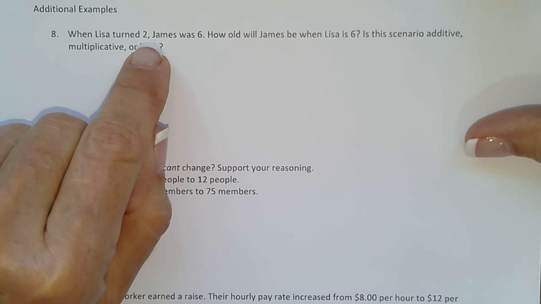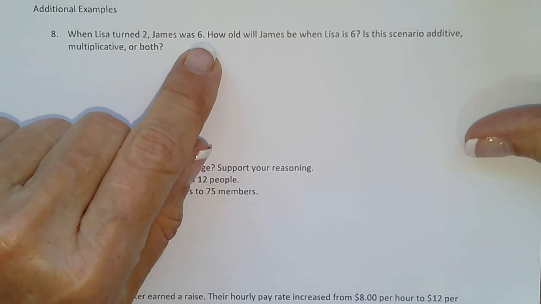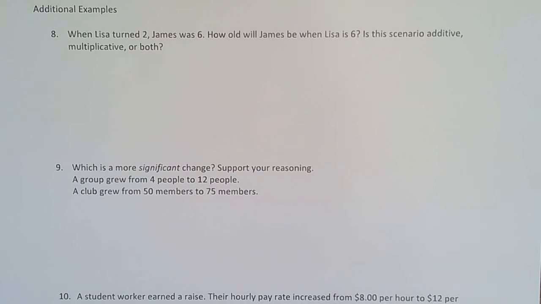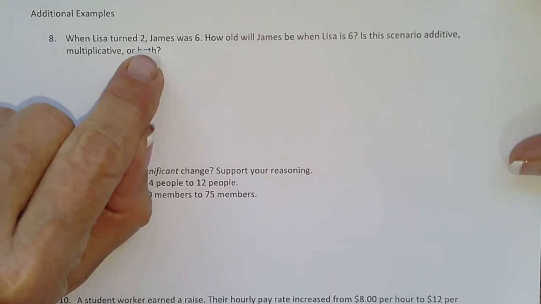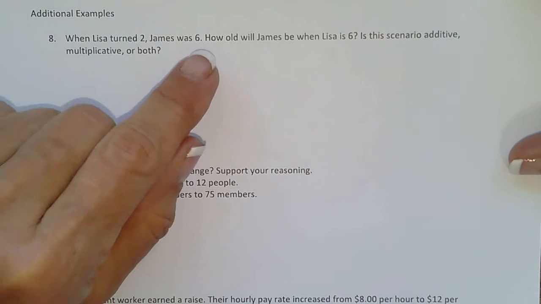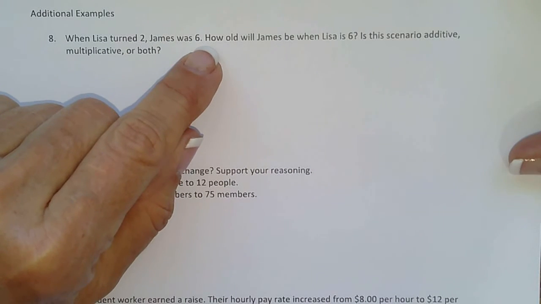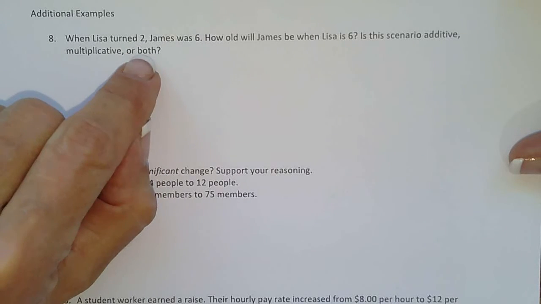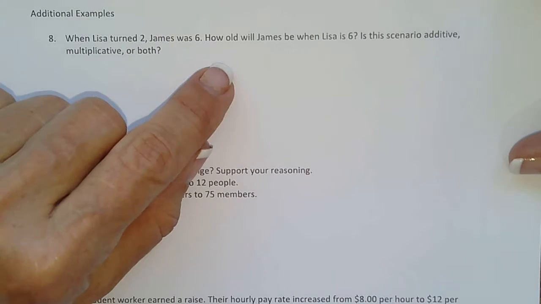So in 1 year, Lisa will be 3. Will James be 9? No. So this is not a multiplication problem. This is an addition problem. Because when Lisa's 3, James will be 7, which means 2 plus 4 is 6, 3 plus 4 is 7.